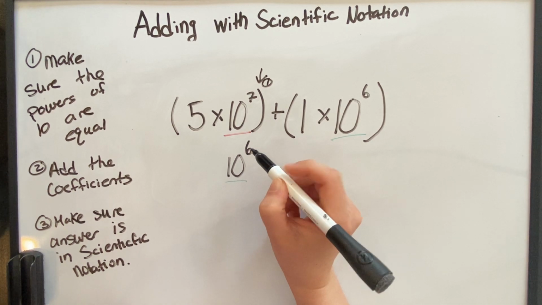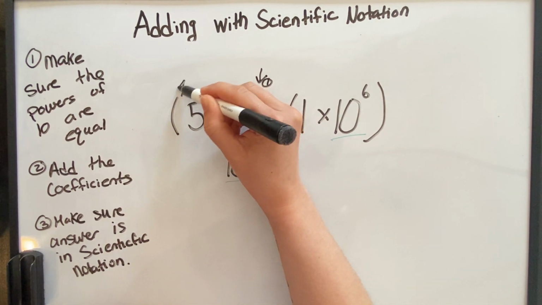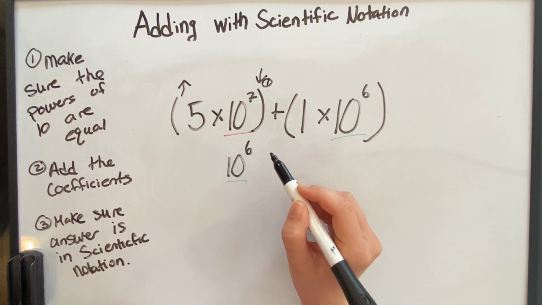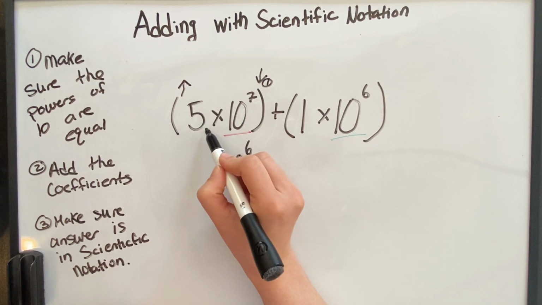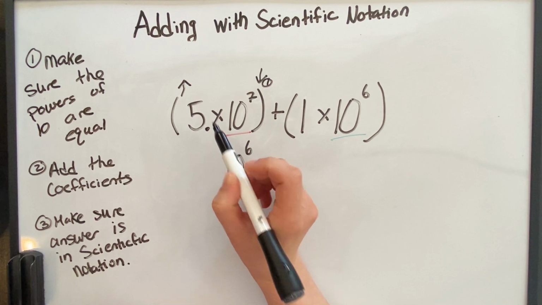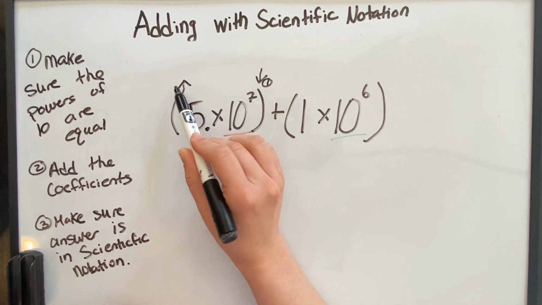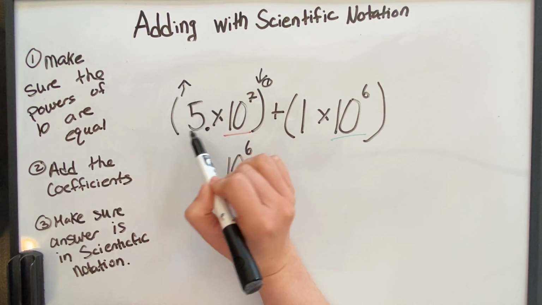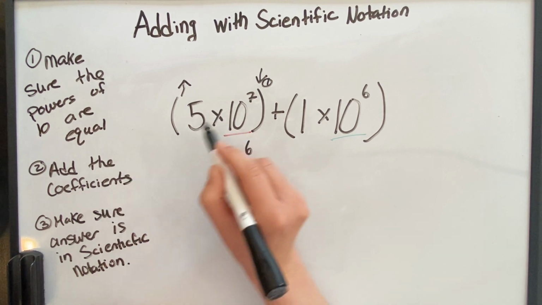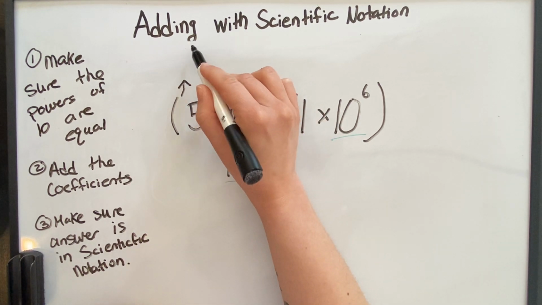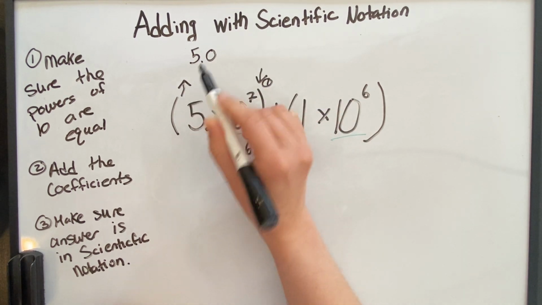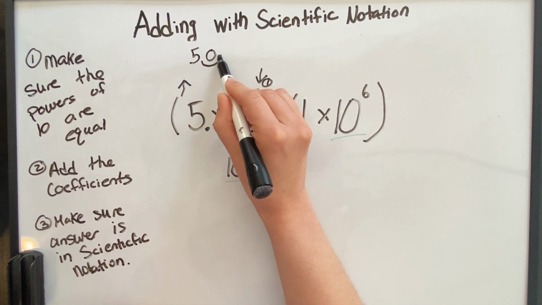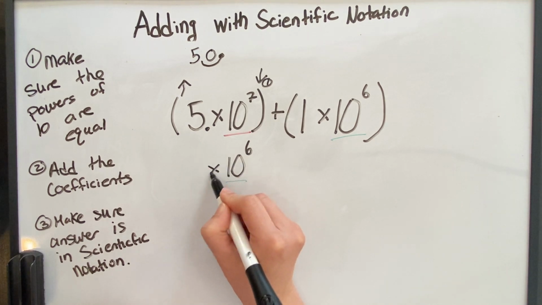So if we decrease by 1, that means we must increase by 1 decimal place over. So this is currently 5.0, right? But now we want to increase this by 1. We want to make this bigger. So we have 5.0, and we want to increase it by 1. So we're going to make it bigger. So now we're working with 50.